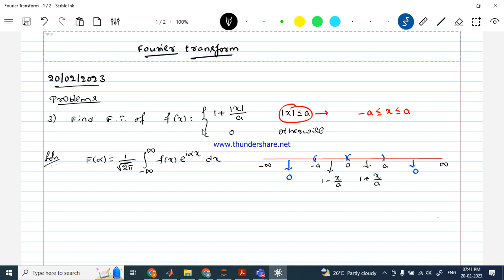Here f of x takes 1 plus mod x by a from minus a to plus a. In this domain, x takes negative values as well as positive values. If x is positive, mod x gives the positive value, so I write 1 plus x by a. But if x is negative, we should convert that negative number to a positive number. Suppose my x is minus 2, I need to have it as 1 plus 2 by a.